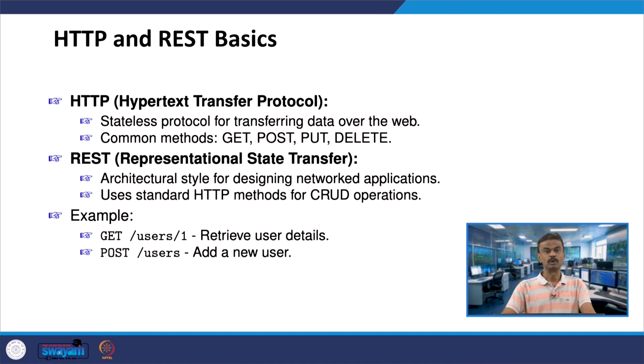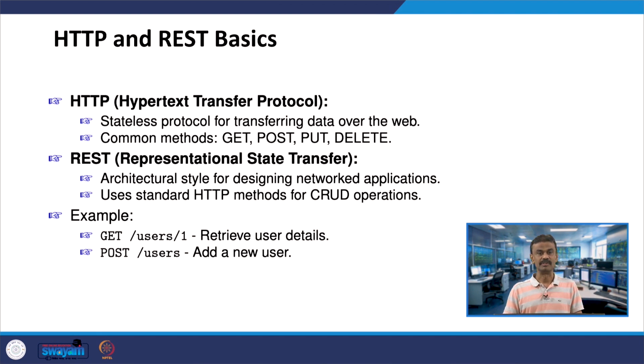We will see. The next one is Representational State Transfer, which we call REST. This is an architectural style for designing networked applications. It uses standard HTTP methods for CRUD, that stands for create, read, update and delete operations.